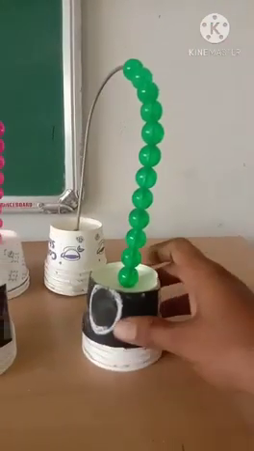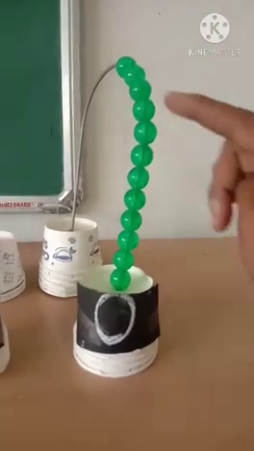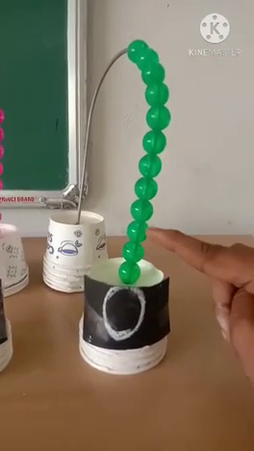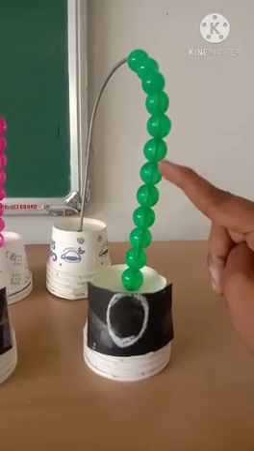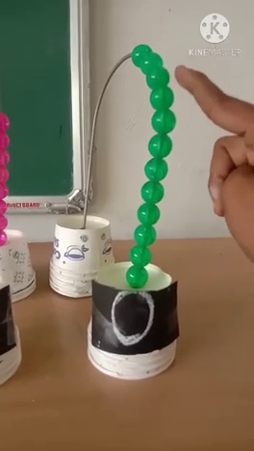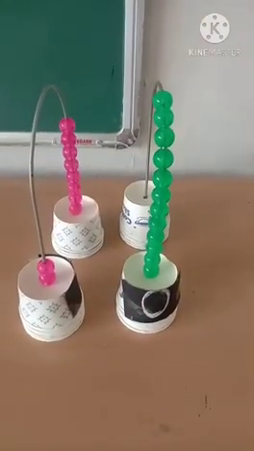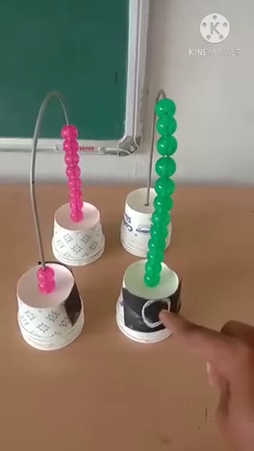So we got how many beads totally in the ones place? Let us count. 1, 2, 3, 4, 5, 6, 7, 8, 9, 10, 11, 12. Yes, now we got 12 in the ones place.